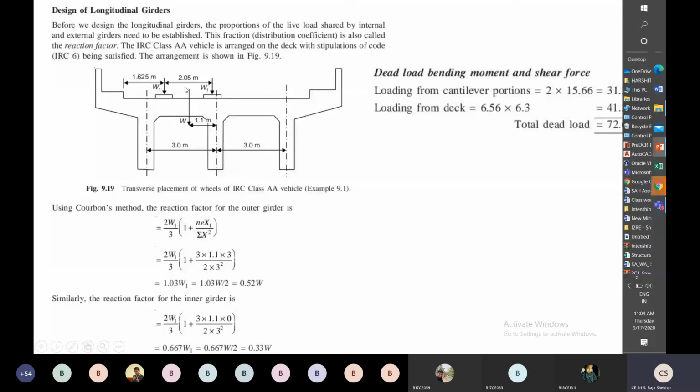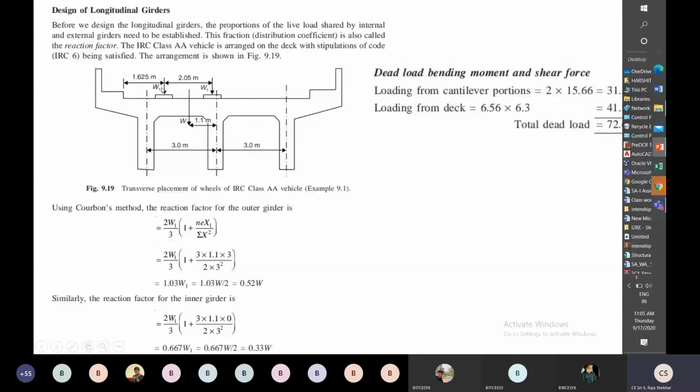The clear distance between the footpath and the outer edge of the IRC Class A vehicle is 1.2 meters. That is the clear spacing, 1.2 meters. The width of the track is 0.85, so this length will be 0.85 by 2, that is 0.425. If you add 1.2 plus 0.425, you will get 1.625.